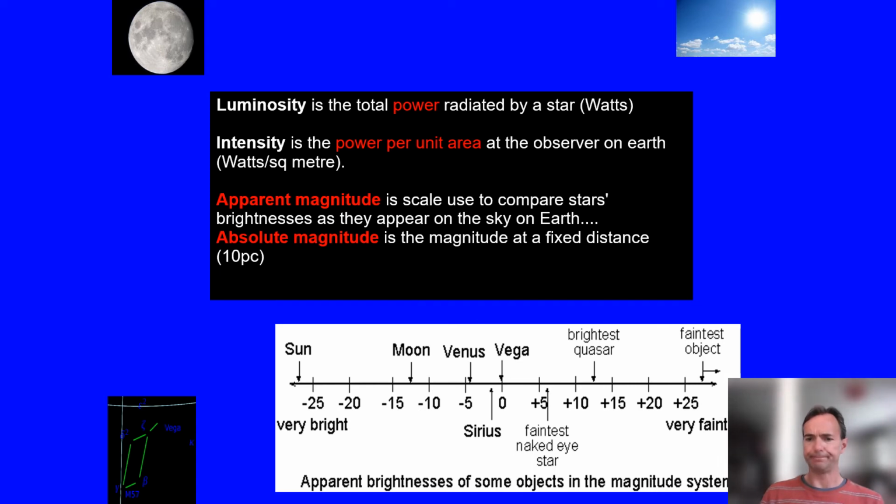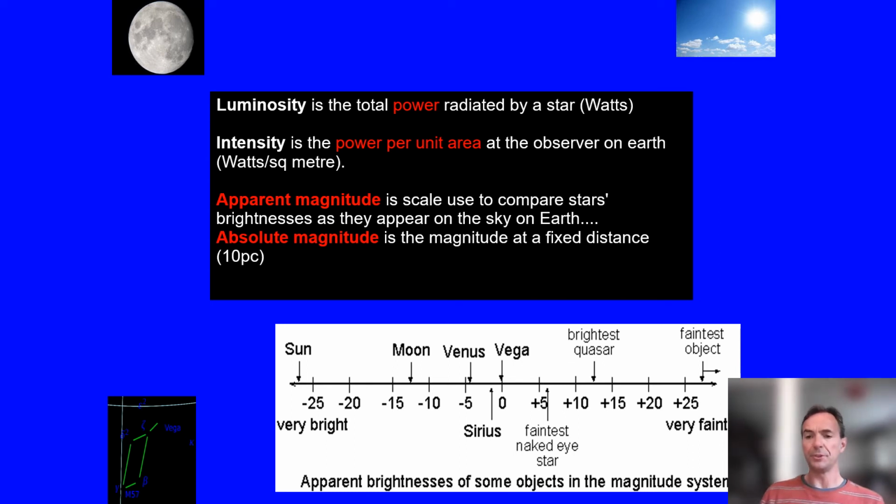I'll say that again. 1 magnitude difference, so the difference between -1 and 0, 0 and 1, 1 and 2. So if a star is brightness 1 compared to a brightness 2, the brightness 1 is the 5th root of 100 times brighter than that at 2, because remember 2 is fainter.